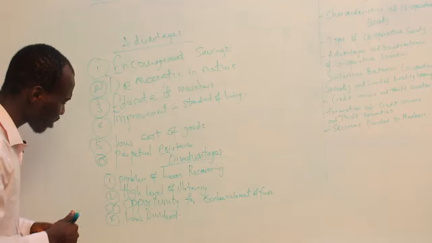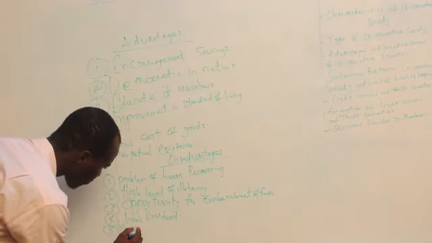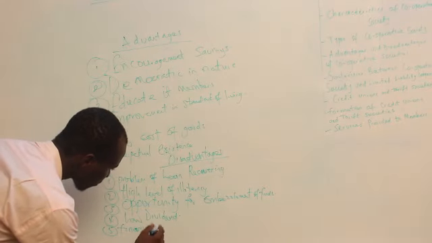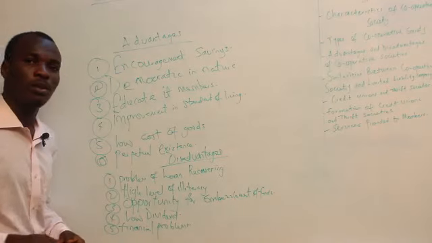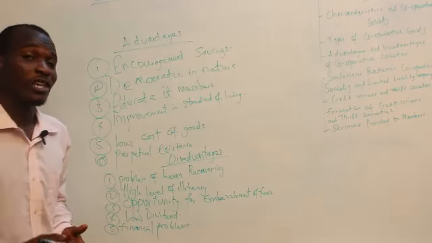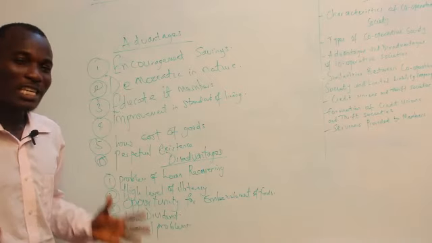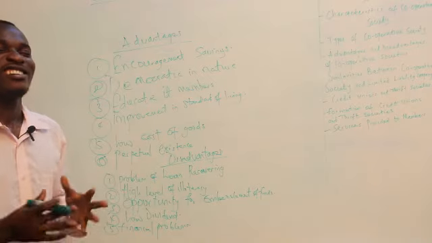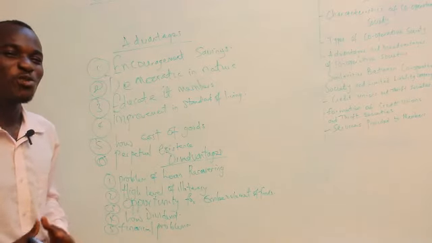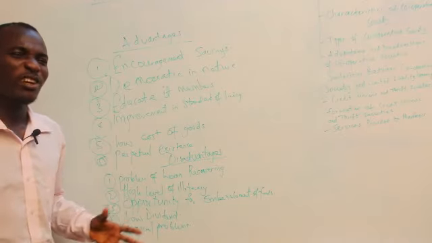Now we can also talk about the financial problem. It is often said that an organization with a financial crisis cannot run effectively. An organization needs one major tool, which is finance. Without finance, there won't be an organization.